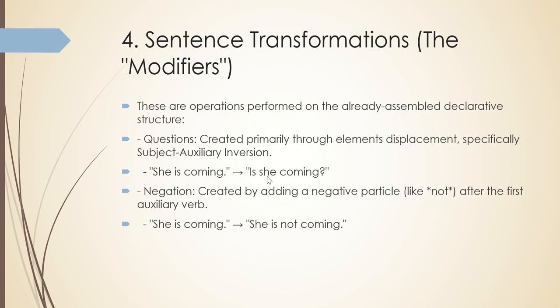Then you have the predication. While in case of the negation, you add the negative particle not. This is the traditional case where not is added to the operator, or in this case, the auxiliary verb, in order to form negative sentences.